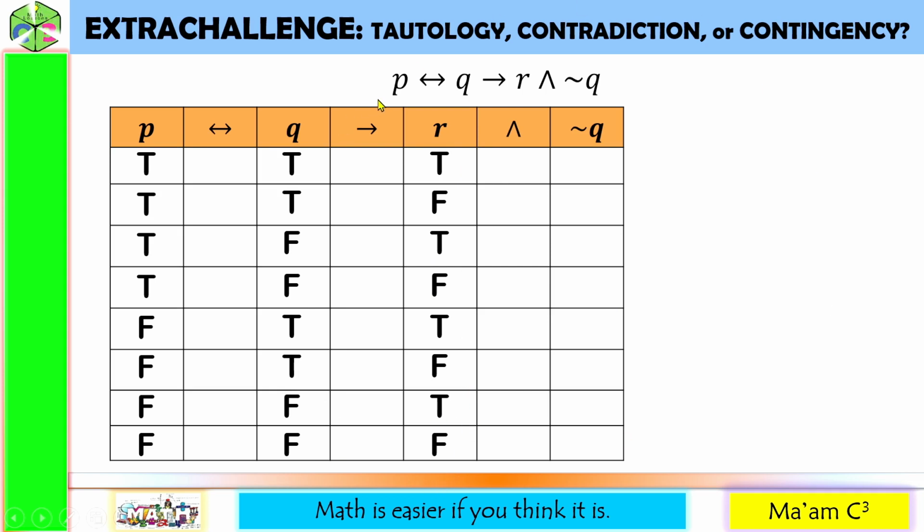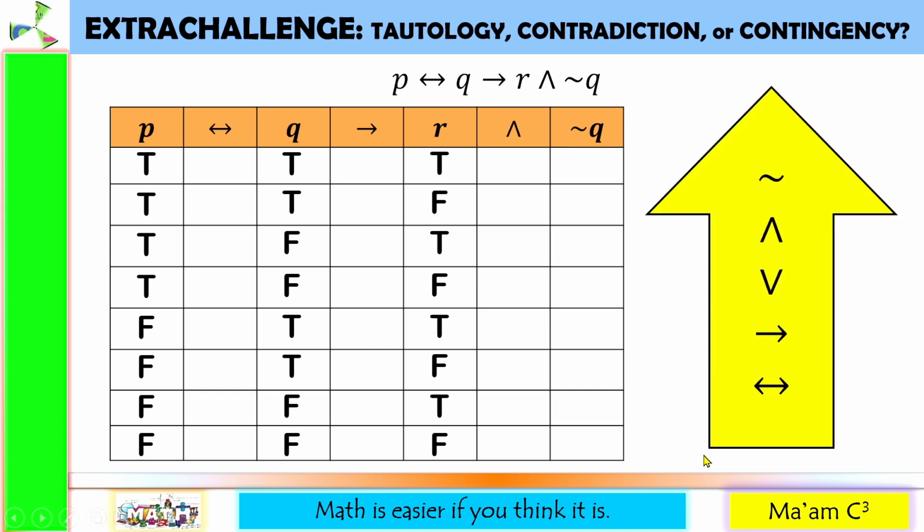If you can notice, I do not have here a parenthesis. I do not have here a grouping symbol. How would you know which one you should treat first? Remember, in my previous lesson, I discussed the order of precedence. We are going to apply this in this example. So in order of precedence, negation comes first.